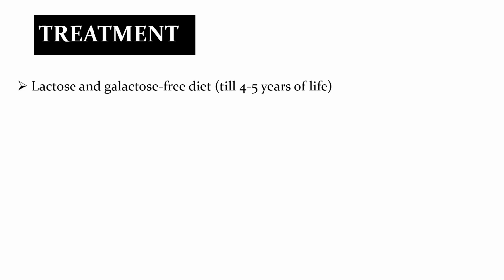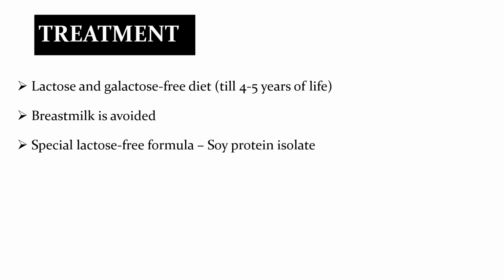What is the treatment for galactosemia? In galactosemia, galactose already gets accumulated. So a lactose and galactose free diet should be administered till 4 to 5 years of life. Breast milk is avoided. A special lactose free formula like soy protein isolate can be used.